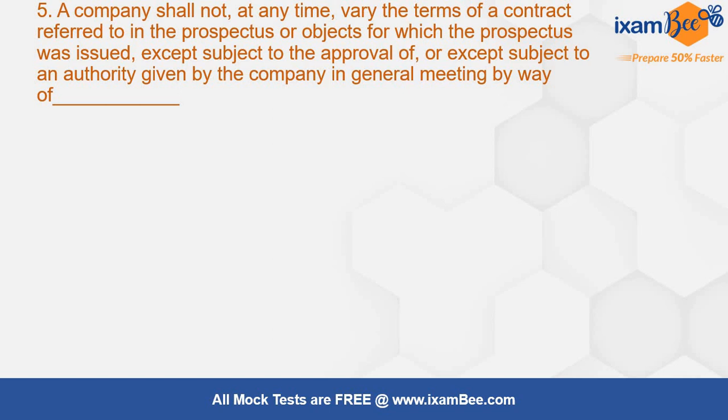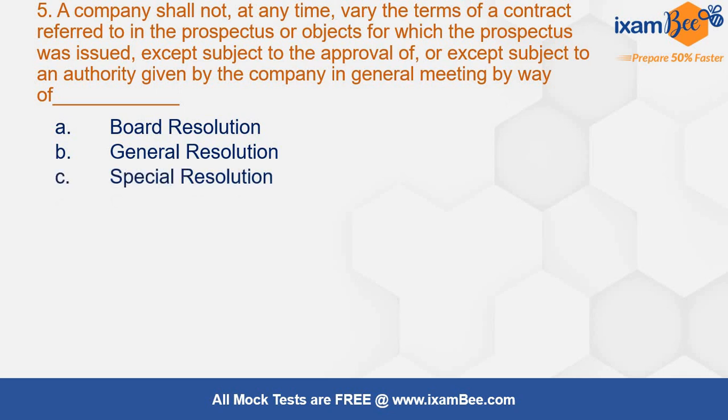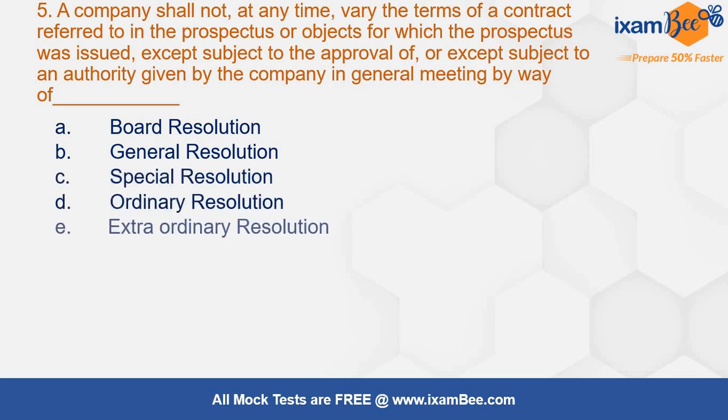Fifth, a company shall not at any time vary the terms of a contract referred to in the prospectus or objects for which the prospectus was issued, except subject to the approval of or except subject to an authority given by the company in general meeting by way of. Board resolution, general resolution, special resolution, ordinary resolution, extraordinary resolution. This is a lengthy question. You can also expect some lengthy questions from Companies Act sometimes. I'll repeat the question once.